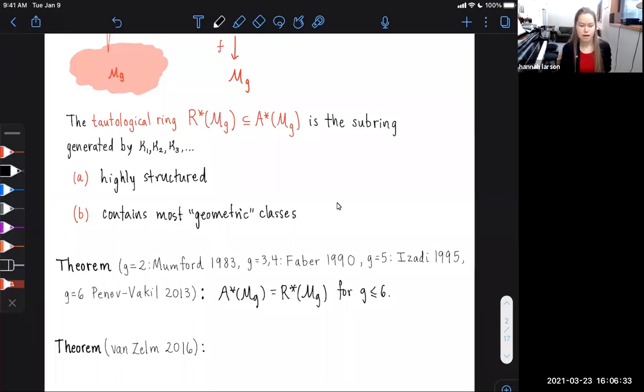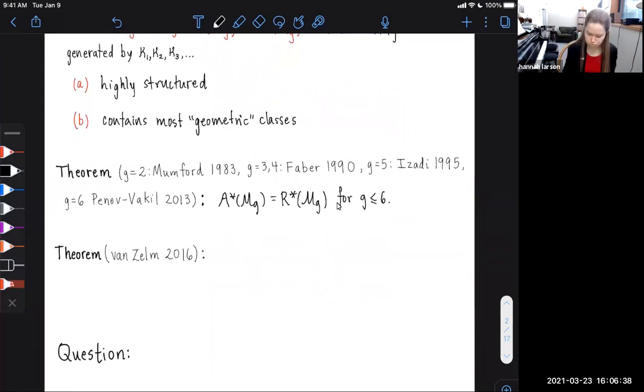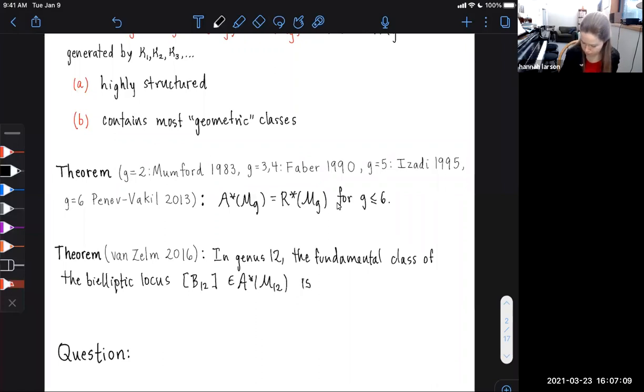On the other hand, there's a very striking theorem of Van Zelm, which says that in genus 12, the fundamental class of the bi-elliptic locus in the Chow ring of M_12 is not tautological.